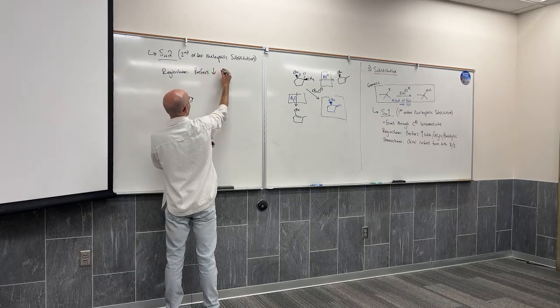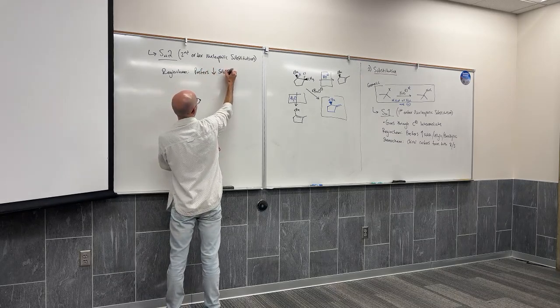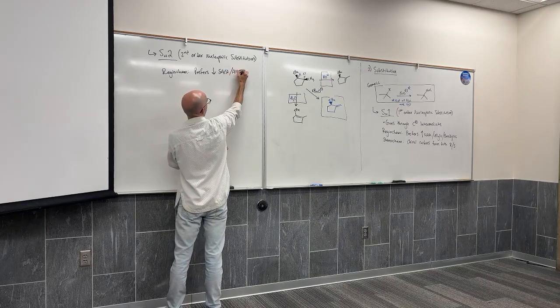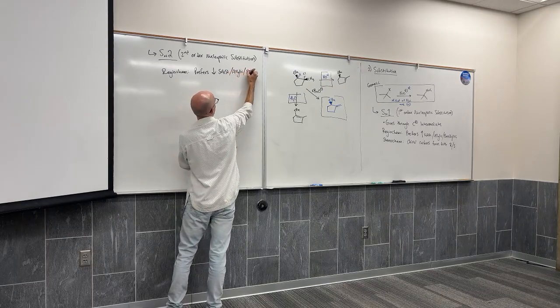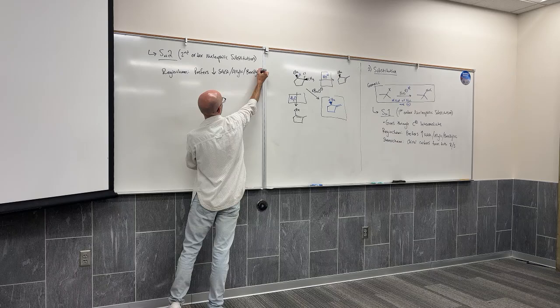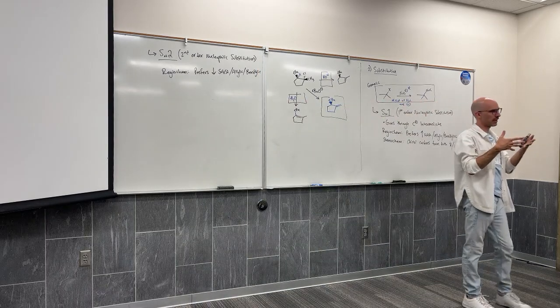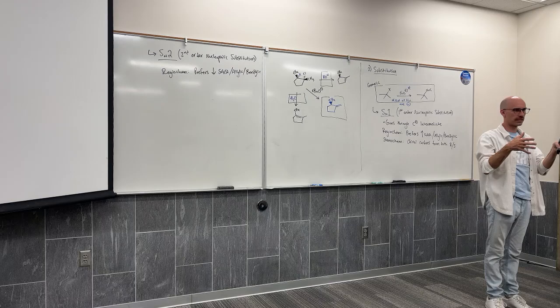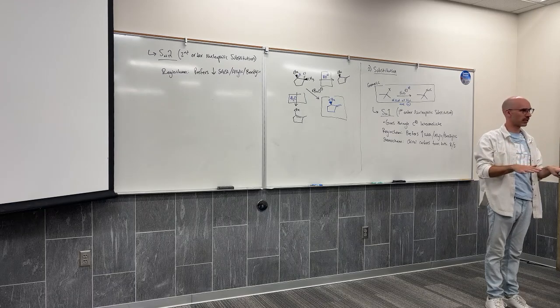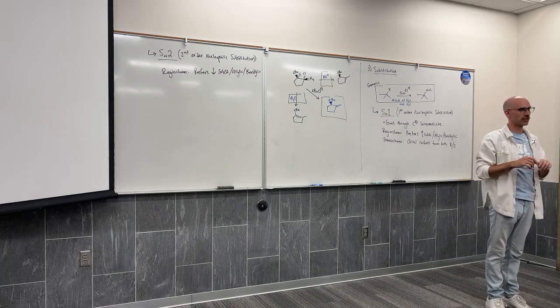It prefers less substituted and also allylic and benzylic positions. As it turns out, those conjugated places, allylic and benzylic places, just stabilize intermediates. They lower activation energies.